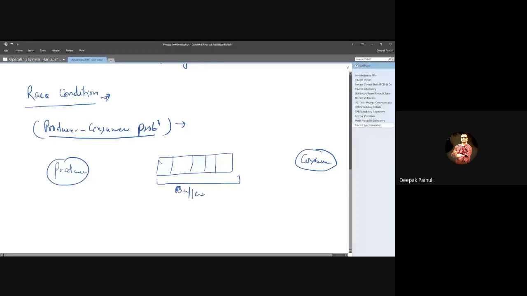The producer's task is to produce items into the buffer. And what is the task of the consumer process? The task of the consumer process is to consume items from the buffer, right?